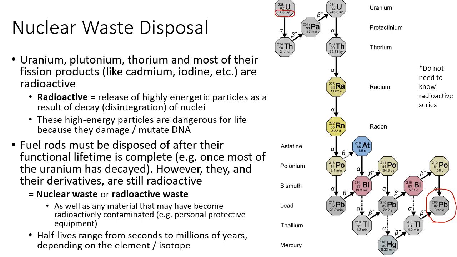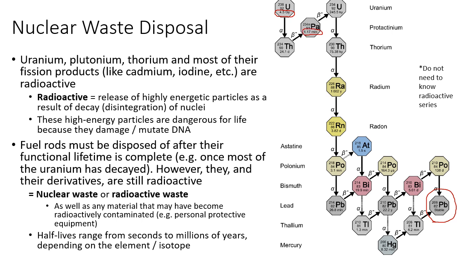In the case of U-238, the half-life is 4.5 billion years, which is the amount of time that the Earth has existed. So half of the uranium that was on the original Earth 4.5 billion years ago is still here today, the U-238. Some of them are just a few minutes. This protactinium is only 1.17 minutes.